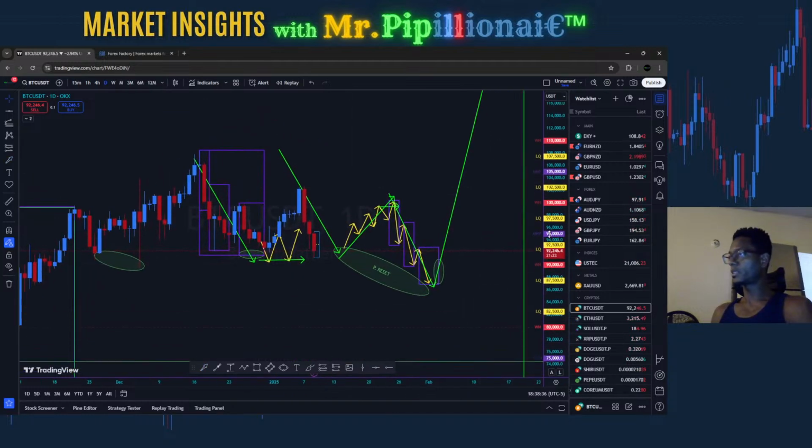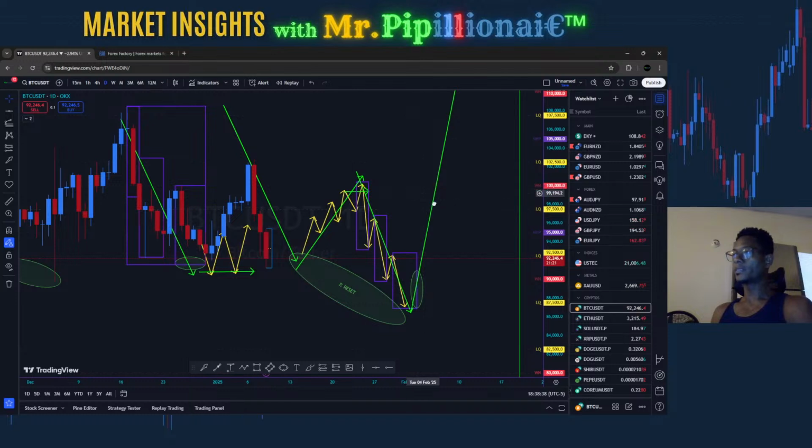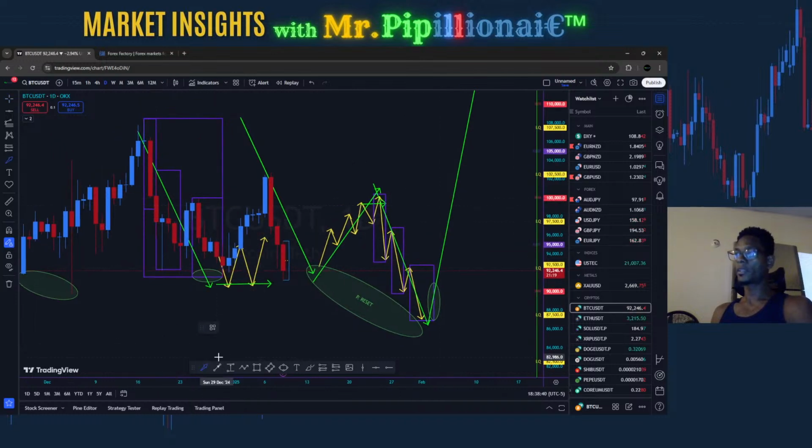So let me just move this so you guys can understand why this is looking like this. It's simply because I'm thinking that this can be a first reset structure and this can be a second reset structure before price goes bullish, right?